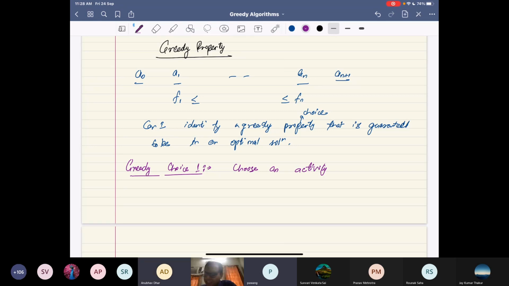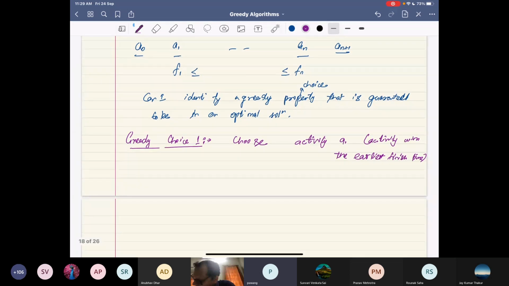So choose activity A1. Right. Okay. So that means what you're saying, activity with the earliest finish time. That is your greedy choice 1.